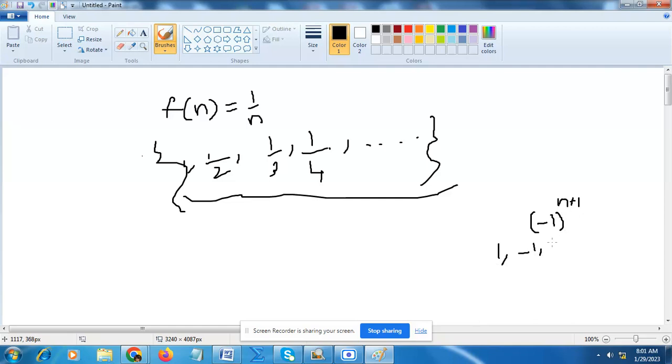N is 3, that is 1. N is 4, that is, sorry, minus 1. And so on. That is, for odd terms, it goes to 1. For even terms, it goes to minus 1. So the limit is not unique. At that time, we say that it is oscillatory.